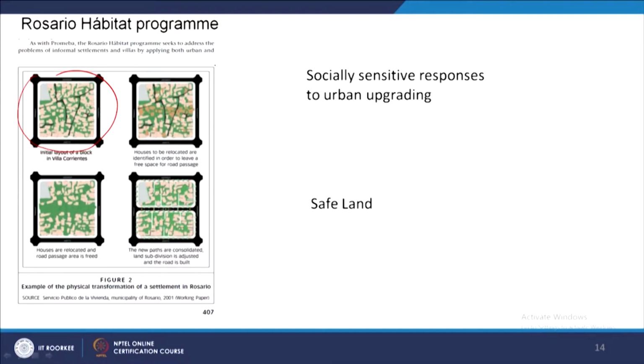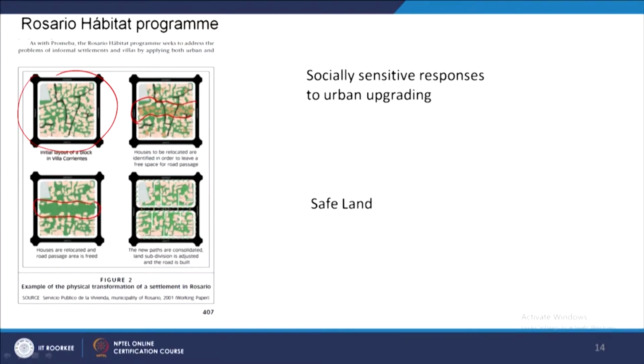If you want to make it formal, you have to make it a socially sensitive response, and you have to communicate to the people how it can benefit. First, they identified the houses that could be relocated in order to plan for infrastructure and services. These houses have been relocated, and passage for roads and services has been freed up.